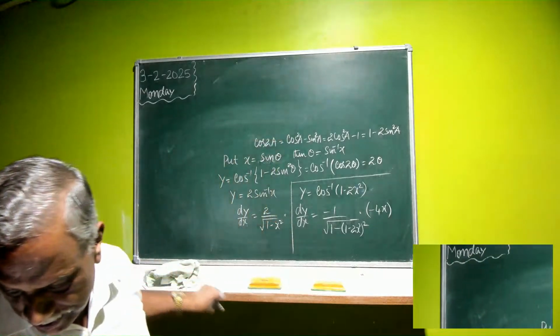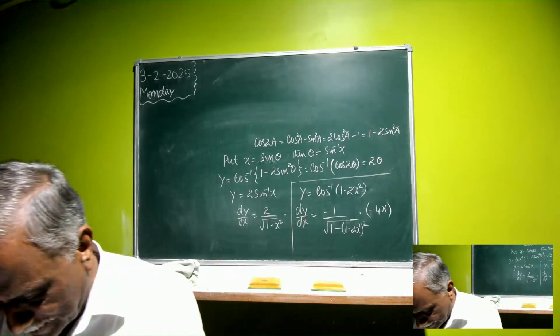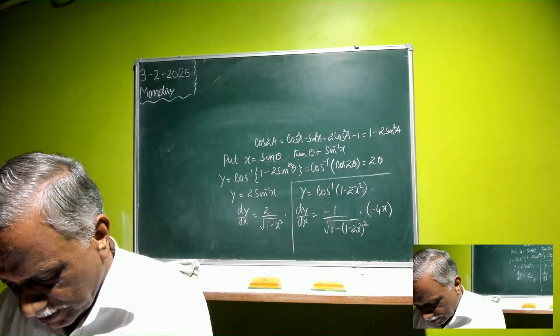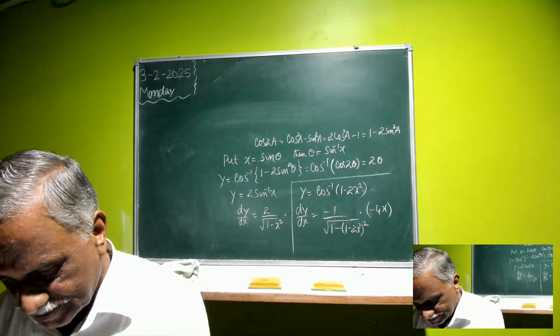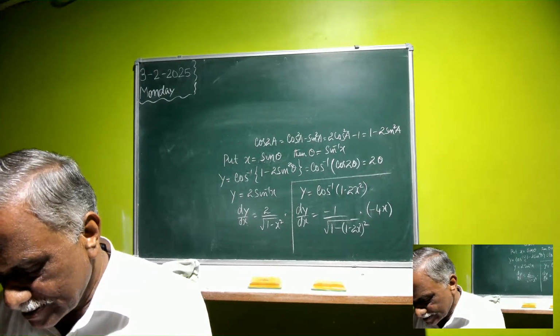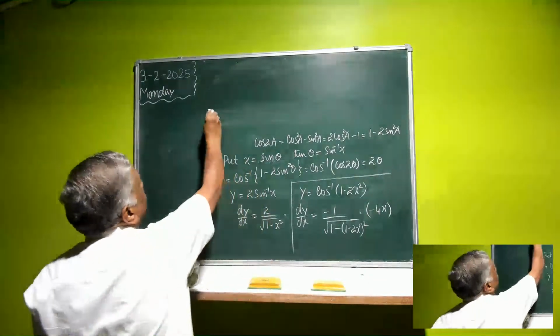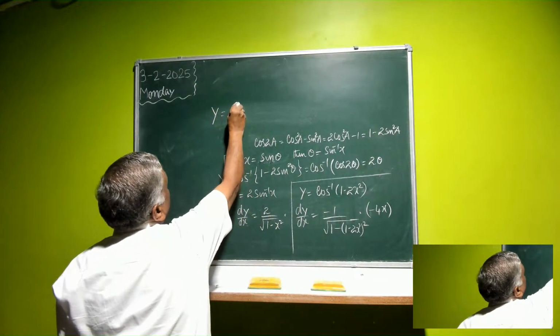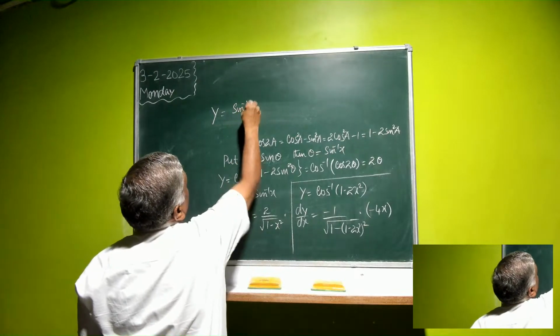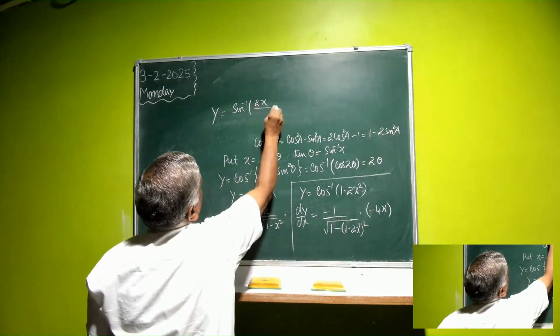So these types of problems I am going to take up later, but I am just concentrating on only some problems. One more of this type. Y is equal to sine inverse of 2x over 1 plus x square.